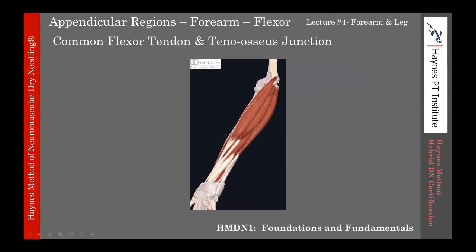In this picture, we talked about the common extensor or flexor group, but we also, in a later course, can needle into the common flexor tendon and at the tenoosseous junction.